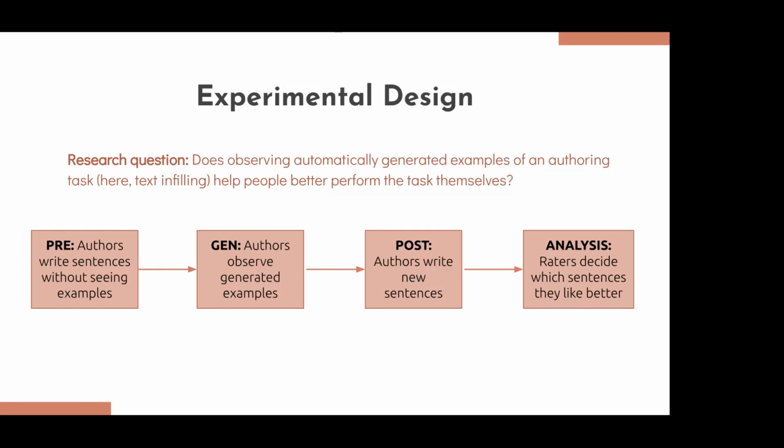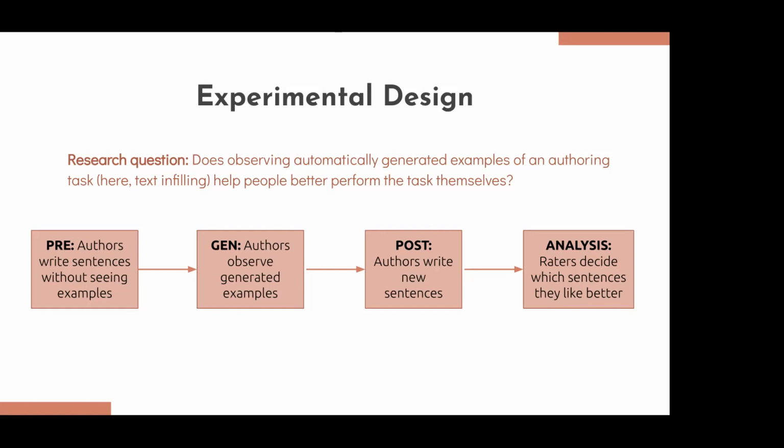Then we had people actually repeat the same infilling task, this time observing generated examples. So we had our model generate a bunch of infilled sentences for the same prompts that the authors saw, and we showed it to them. So we had them repeat the task, write new sentences now that you've seen these generated examples, and that was the post phase.